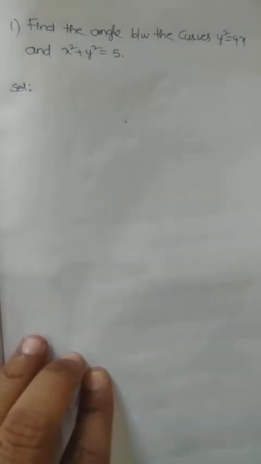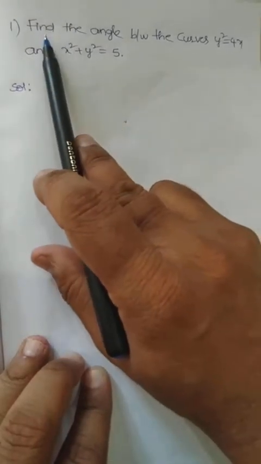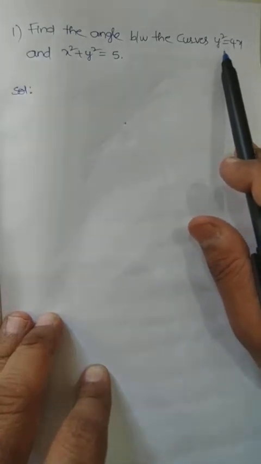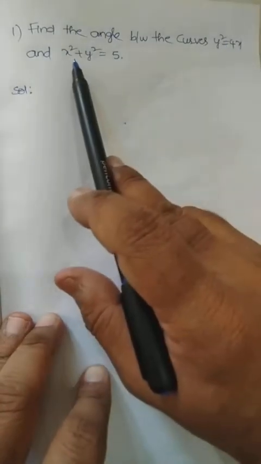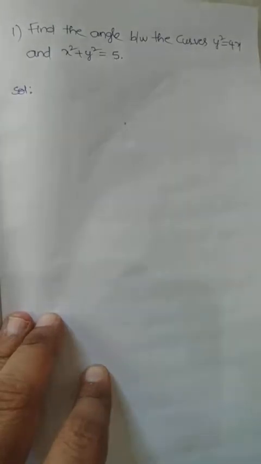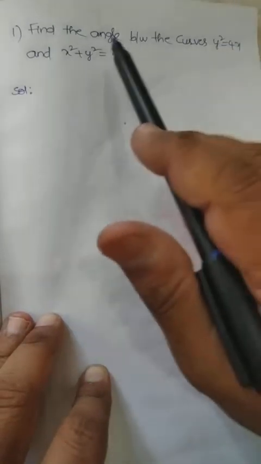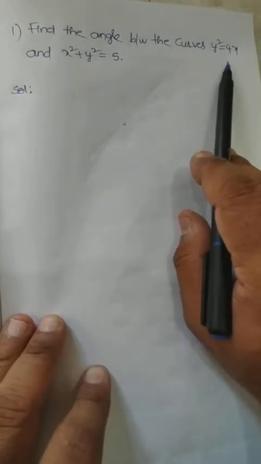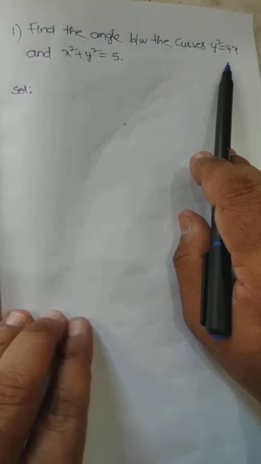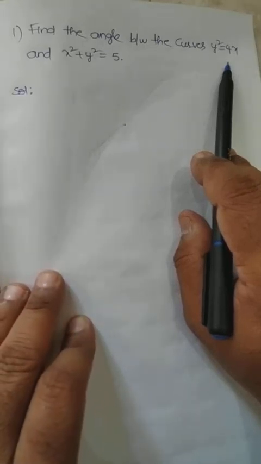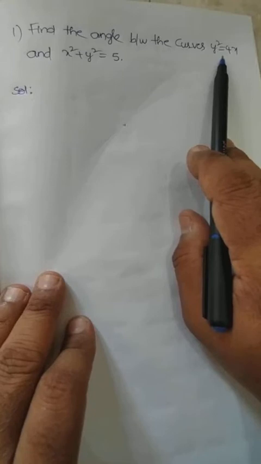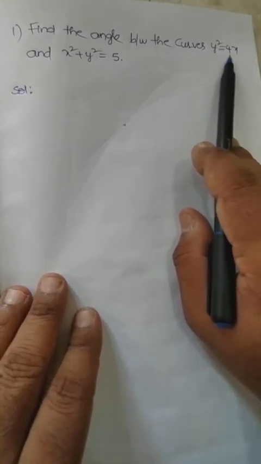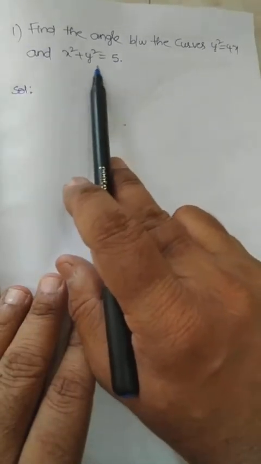Now observe the first problem. What is our first problem? Find the angle between the curves y square is equal to 4x and x square plus y square is equal to 5. Observe these two curves. They are not directly given in the form y1 = f(x) and y2 = g(x). But we need to find their tangent line slopes, so we have to find dy by dx for this curve and also dy by dx for this curve.